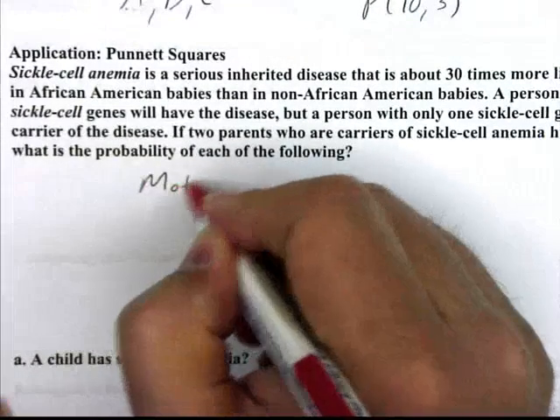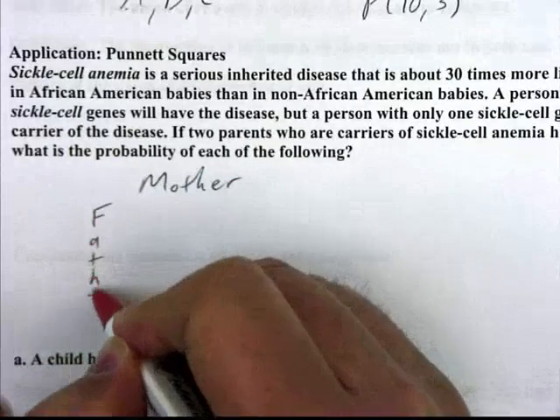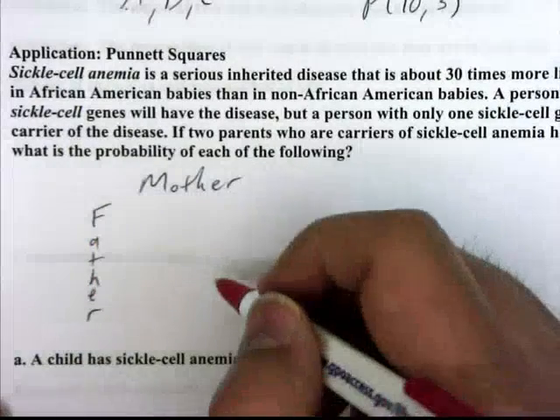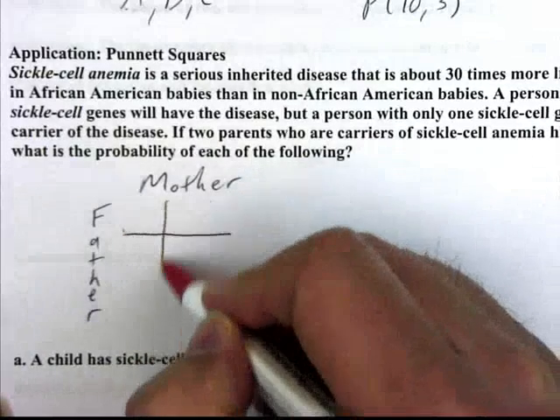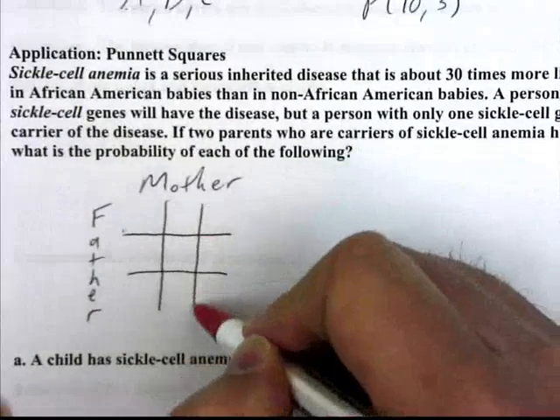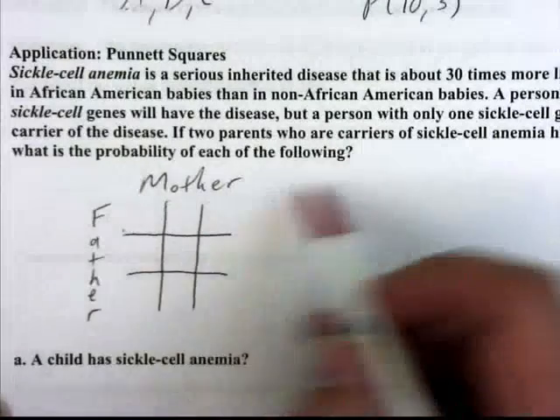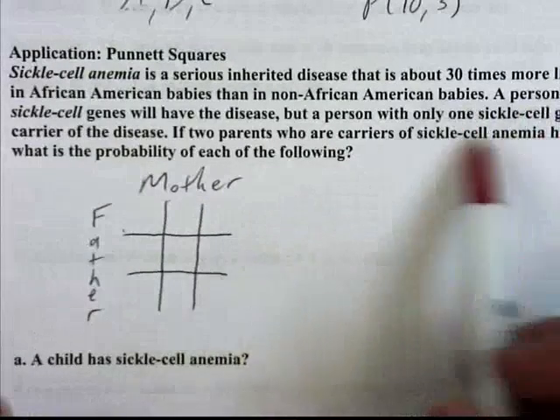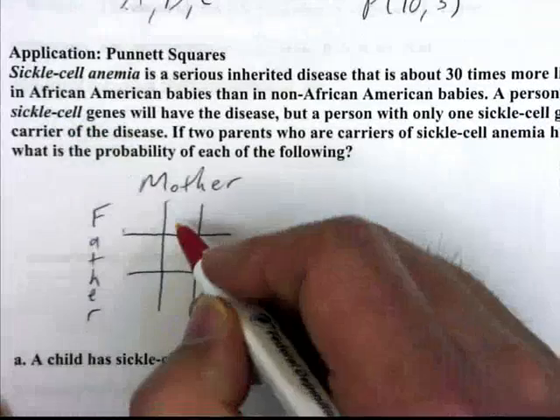And the way that works is we take the mother and the father and look at their contributions to the child's genetics. All right? And each of the parents is going to contribute two pieces. All right? It says that they've got two sickle cell genes.